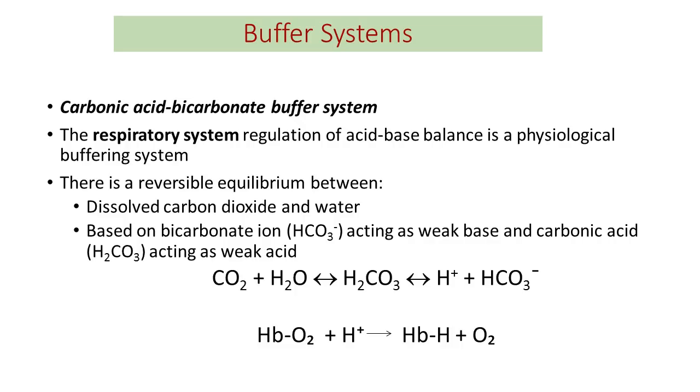So the bicarbonate can bind to hydrogen ions to neutralize, or the hydrogen ions can be used alone as a source of increasing acidity. Once again, we're trying to achieve a homeostatic range of 7.35 to 7.45 pH. The bottom reaction, HB, refers to the protein hemoglobin, which is the protein that binds oxygen inside the red blood cell.